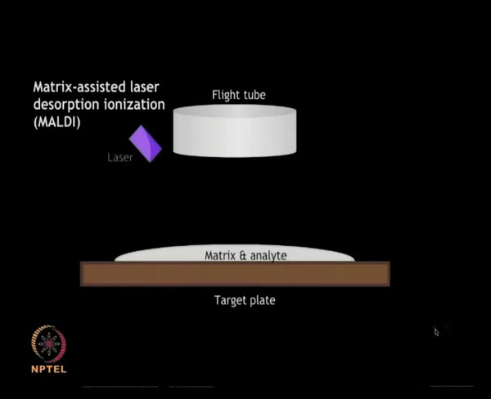In MALDI, the analyte of interest is mixed with an aromatic matrix compound such as alpha cyano 4-hydroxycinnamic acid or sinapinic acid. This is dissolved in an organic solvent and placed on a metallic sample plate. The evaporation of solvent leaves the analyte embedded in the matrix.